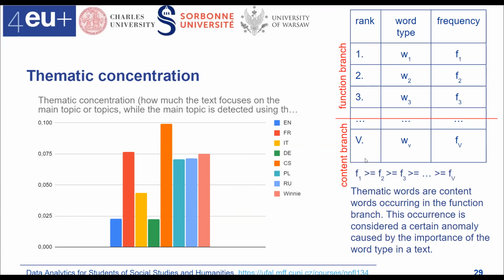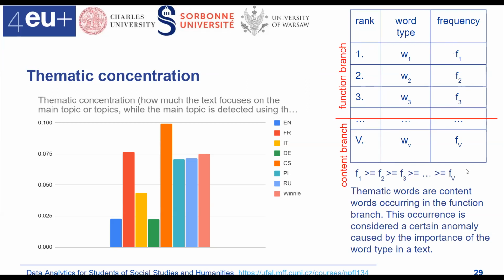In total, the length of this list corresponds to the number of word types in the document, and the frequency of this word type is greater than the frequency of the second word, and so on.